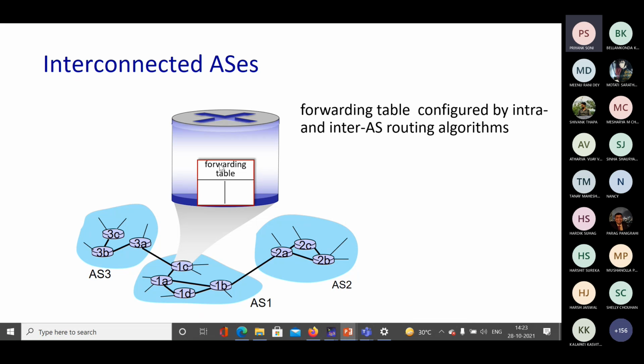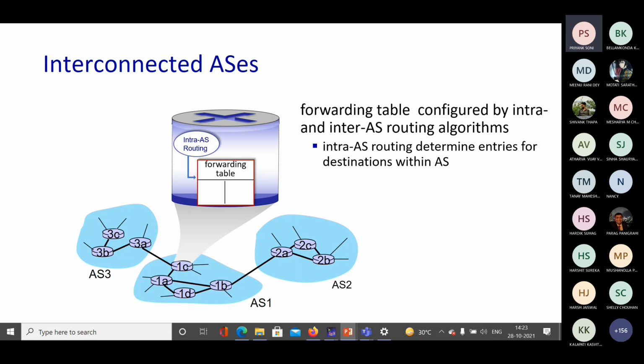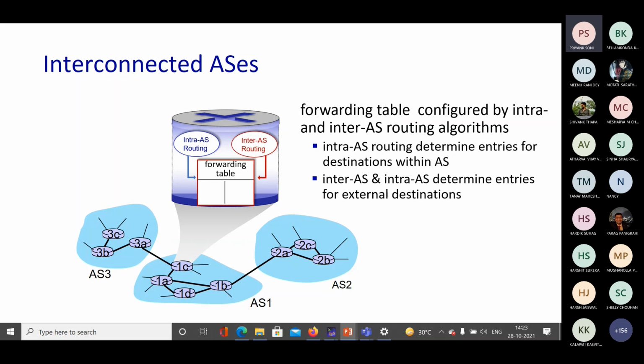We know that any router gets that information from its forwarding table, but the entries in the forwarding table are influenced by the intra-AS routing protocol used within the AS and the inter-AS routing protocol used in the network. For internal destinations, the entries will be taken from the intra-AS routing, and for external destinations, the entries will be filled up using the inter-AS routing protocol.